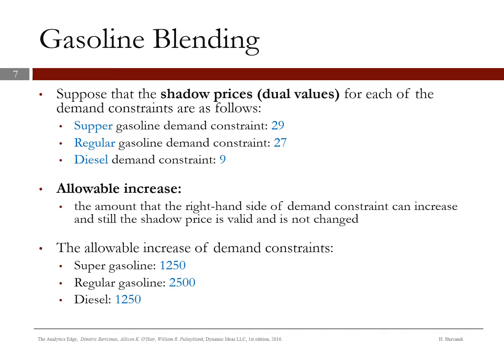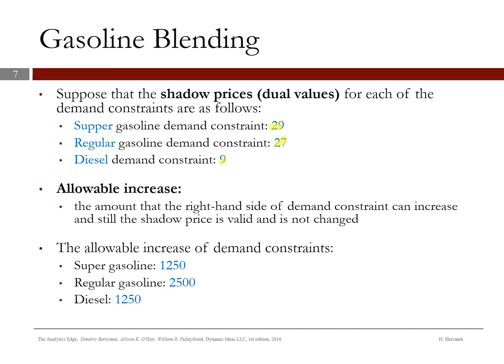When we solve a linear programming model, we can obtain the shadow prices or dual values regarding our constraints. Here, for the last three constraints about the demand, the shadow prices or dual values are 29 for the demand constraint of super gasoline, 27 for regular gasoline, and 9 for the diesel one.